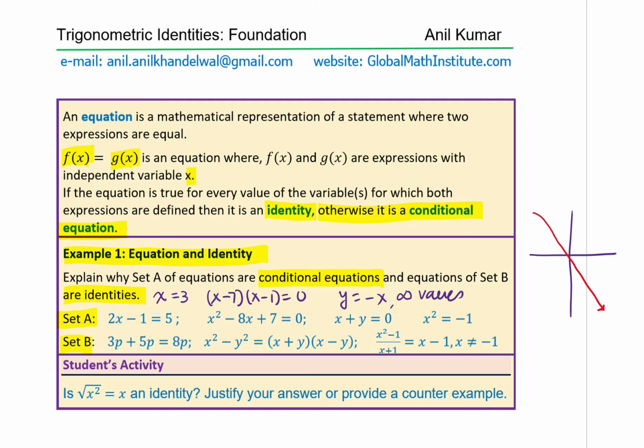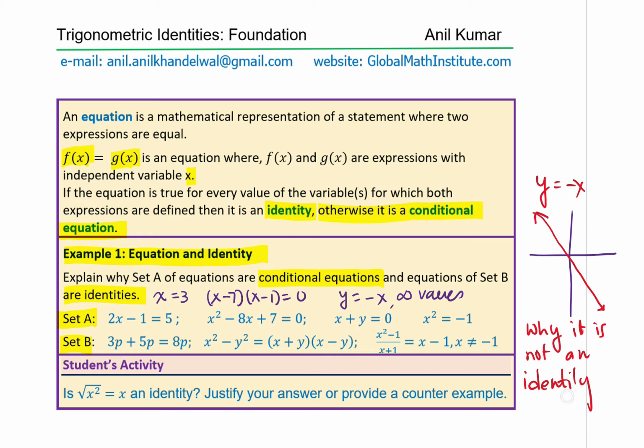Now, this particular equation, it is not an identity, correct? You need to justify why. y equals minus x, right? You need to justify why it is not an identity, but it is an equation. It has infinite solutions, right? You get the idea.